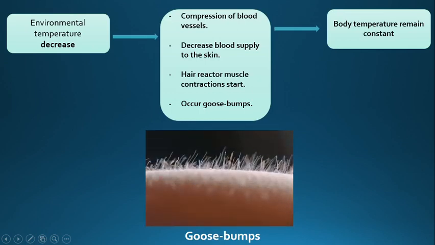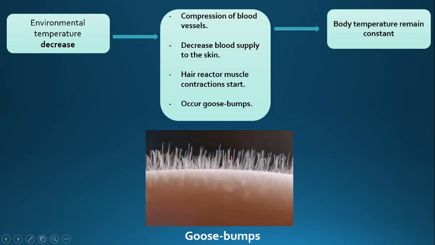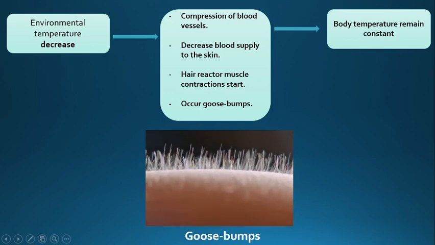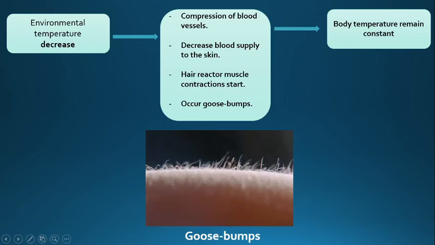When these goosebumps occur, you can see all the hairs are erect after the goosebumps appear. So it deposits a small air layer between the skin and the atmosphere, like this.